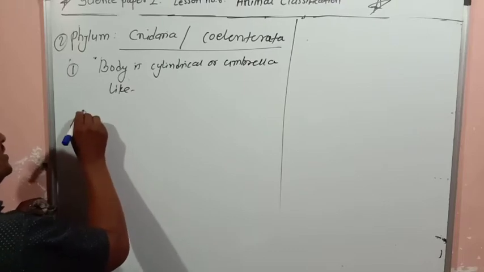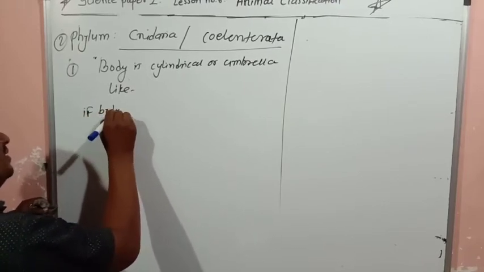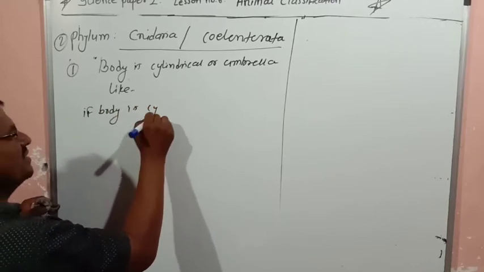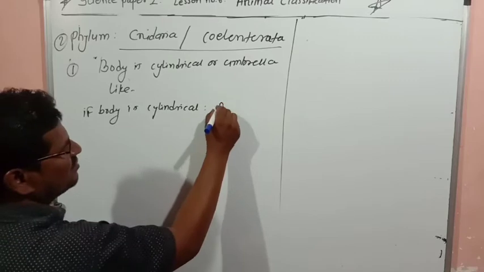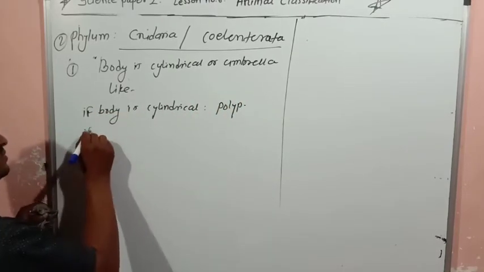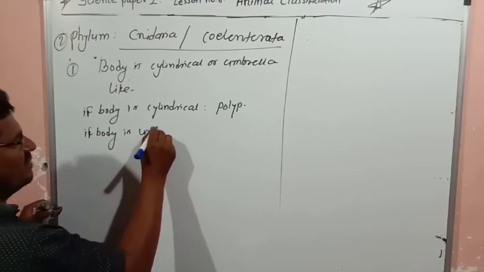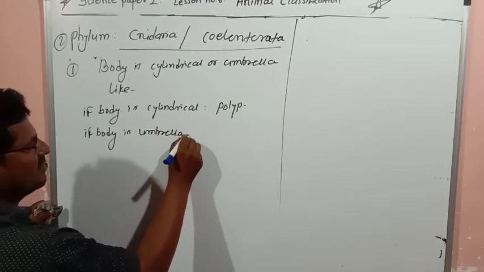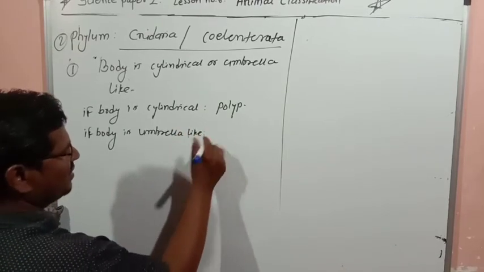If the body is cylindrical, it is called a polyp. And if the body is umbrella like, you call it a medusa.